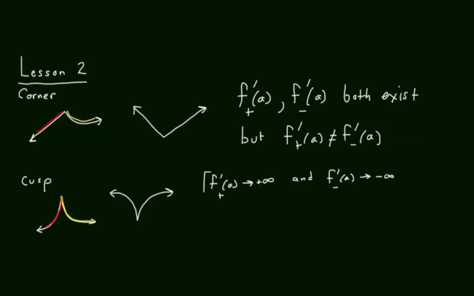So that's one way we can have a cusp. Or, on a flip-flop, f prime from the right of a approaches negative infinity, and f prime of a, as we approach from the left, approaches positive infinity. So if you have the first bracket or the second bracket, you have a cusp.